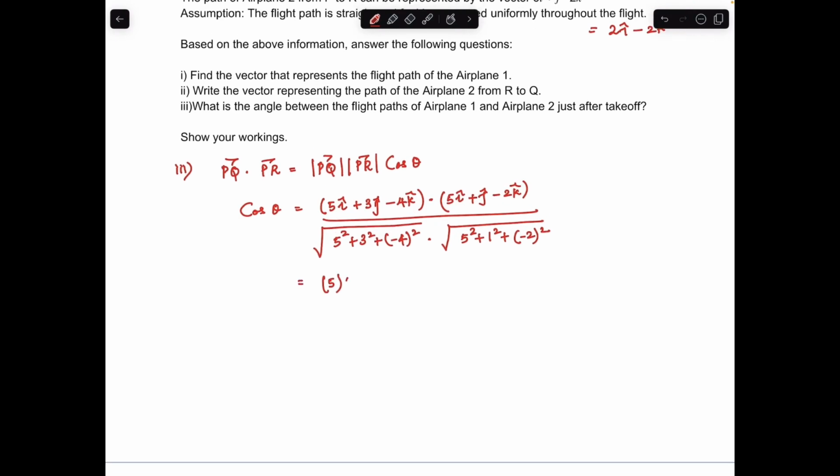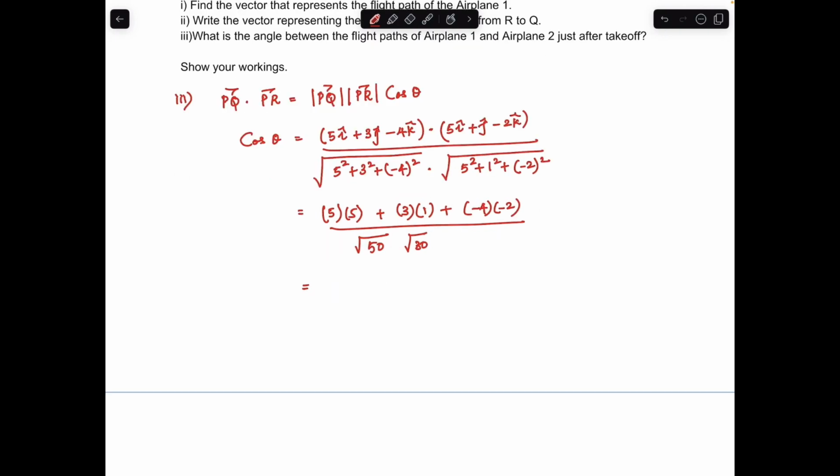So 5 into 5 plus 3 into 1 plus (-4) times (-2), by root 50 times root 30, equals 36 by root 50 into root 30.